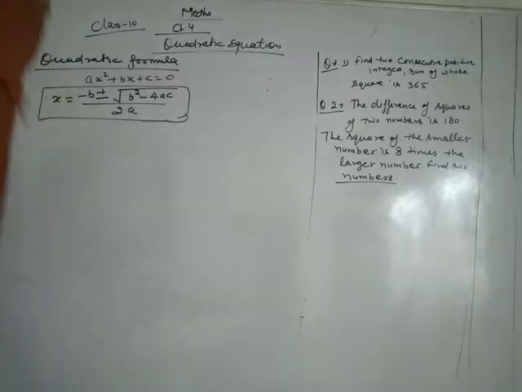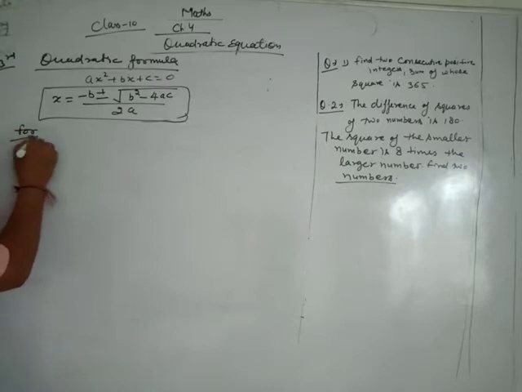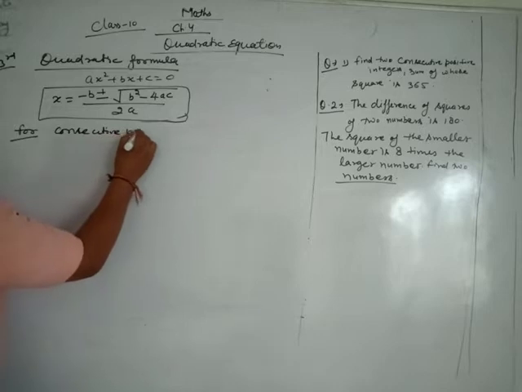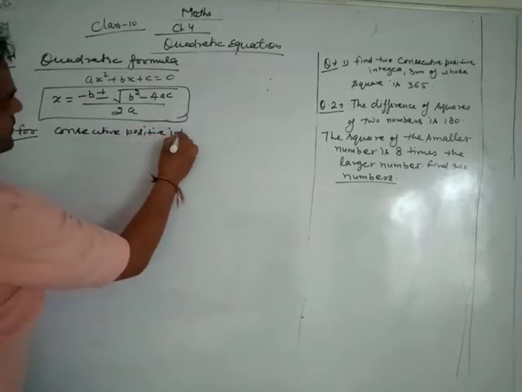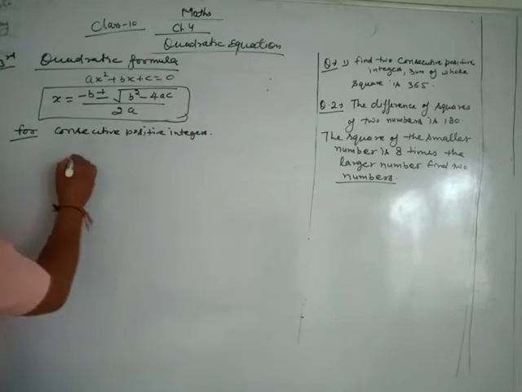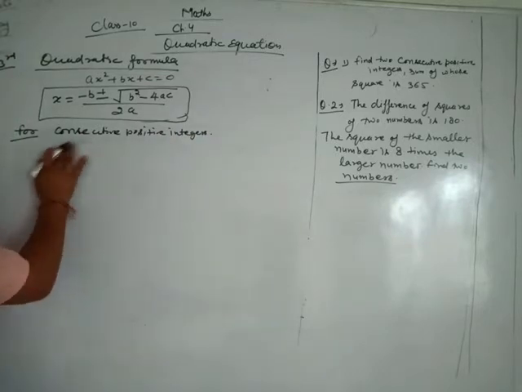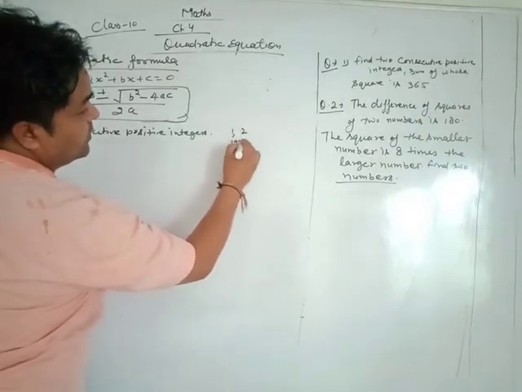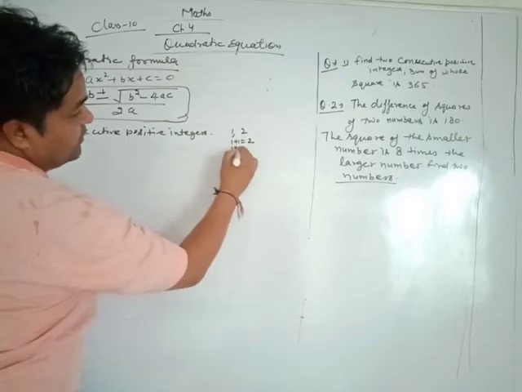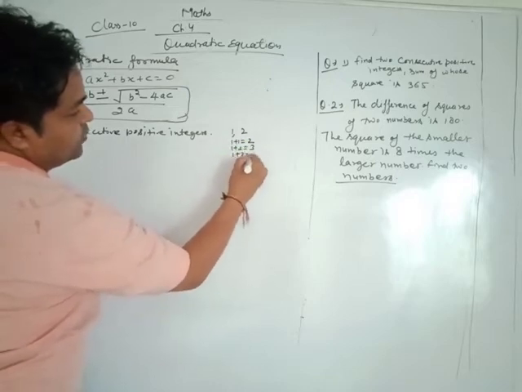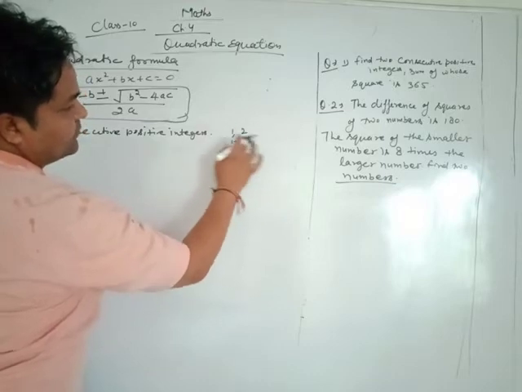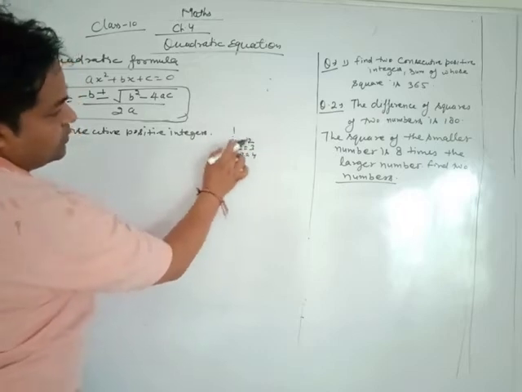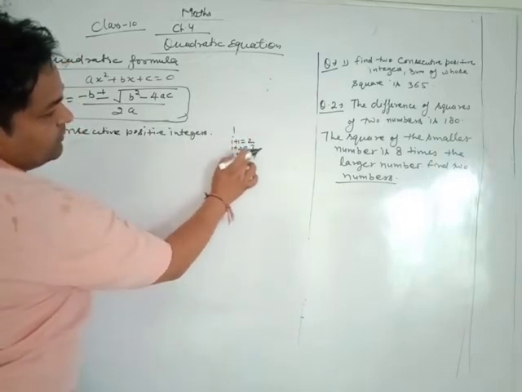For consecutive positive integers, if we take 1, the second is 1 plus 1 equal to 2, the third is 1 plus 2 equal to 3. It is consecutive numbers: 2, 3 and 4.